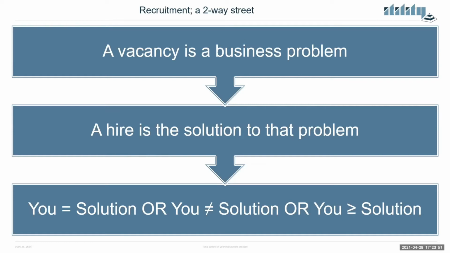But either the company is smart and foresees a need in the future, or they have an urgent need. That can be someone who left. It can be a new technology that they don't master yet. It can be a project that is tacked on and they need extra help. So a hire is always a solution to that problem.